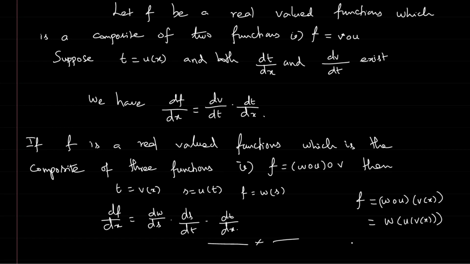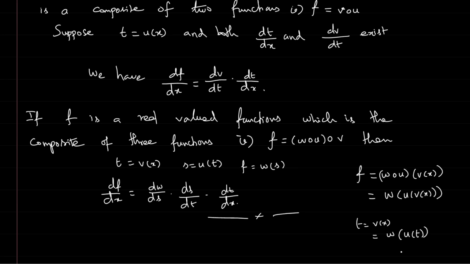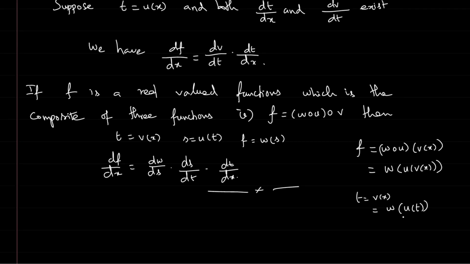Now if you see here, let me take t is equal to v of x, then we can write this as w of u of t. Now if we take s is equal to u of t, we can write this f as w of s.